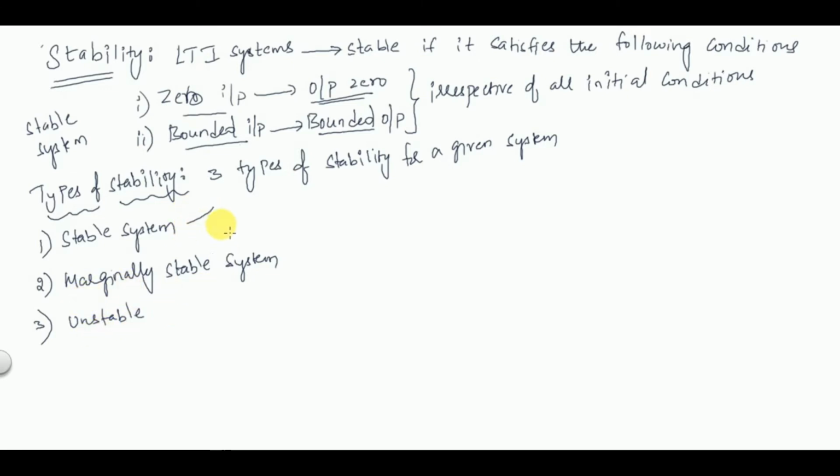In stable there are again two types: absolutely stable system and conditionally stable system. These are the classifications of different types of stability of a given system.